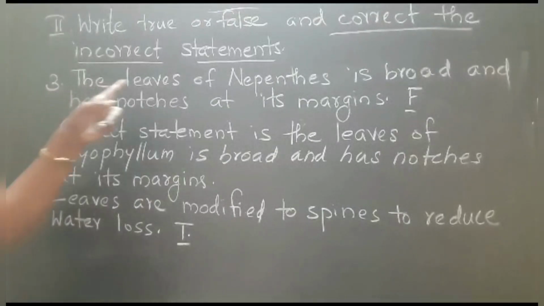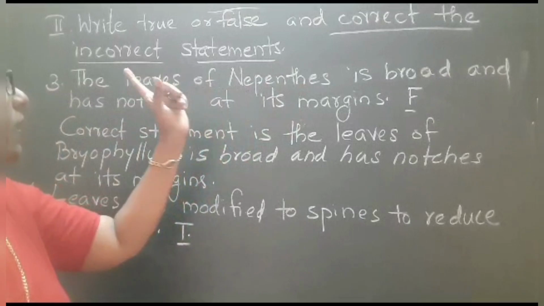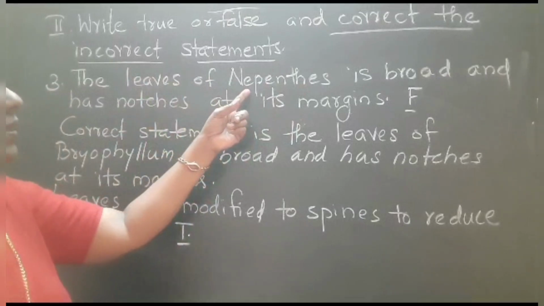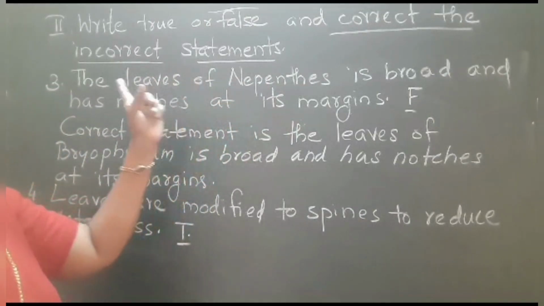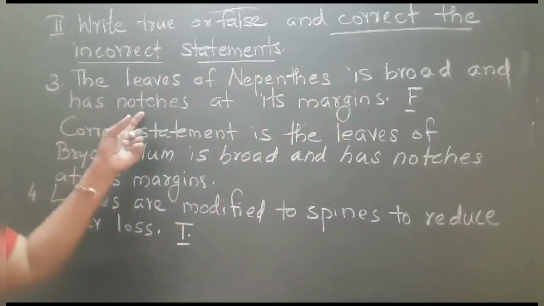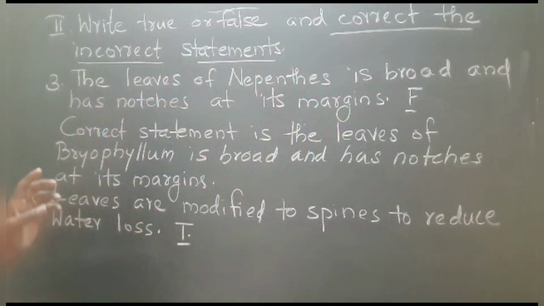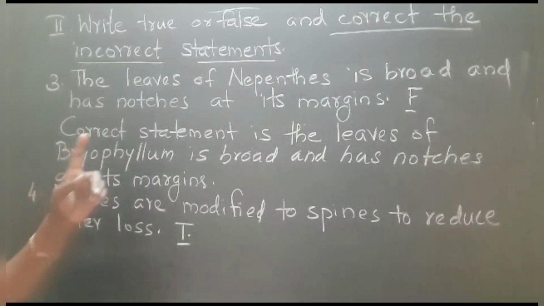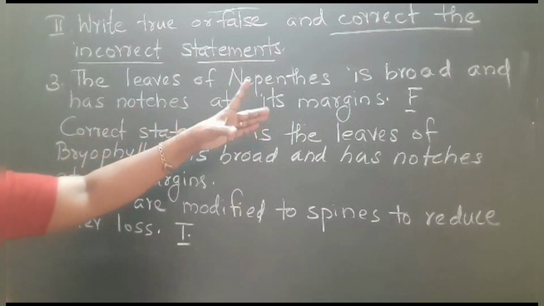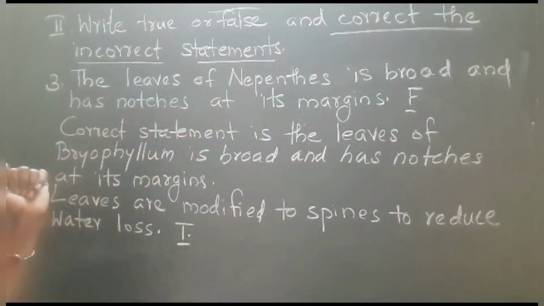Third one. The leaves of Nepenthes, it's a plant's name, the other name is pitcher plant, is broad and has notches at its margins. This statement is false because it doesn't have broad leaves and it doesn't have notches at its margin.